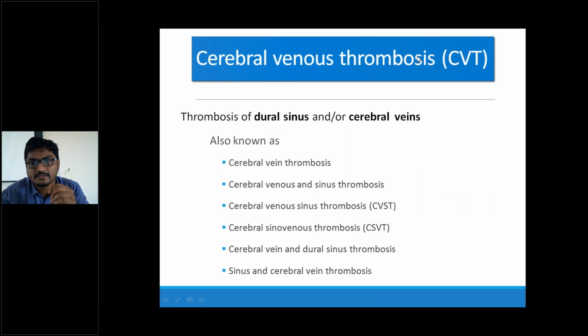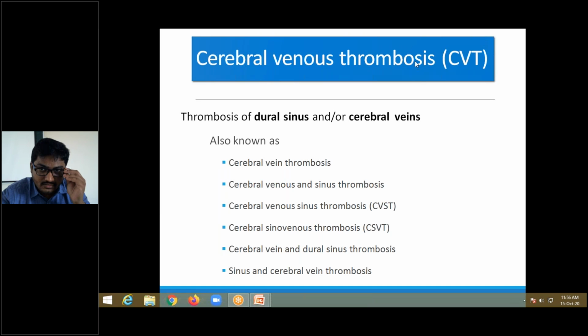Cerebral venous thrombosis is the thrombosis of the dural sinuses or cerebral veins, right? So, dural sinuses: can anyone name the sinuses? What are the sinuses in the brain? Venous sinus.